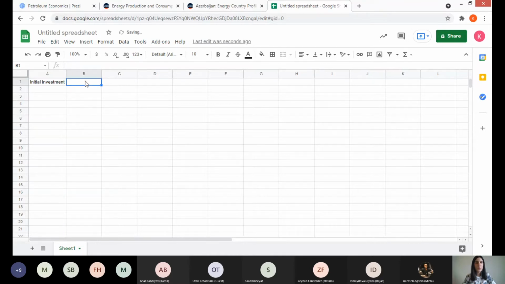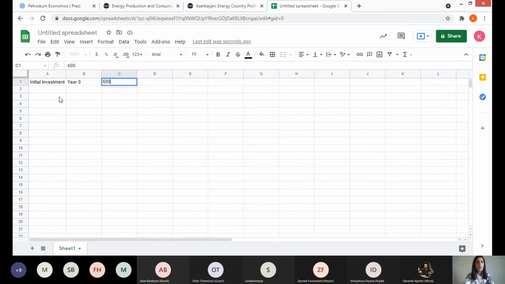It takes year 0 because you just started. It's not future, it's now. And this is minus, we can write minus or just plus, doesn't matter. But it matters when we calculate NPV. So let's write 600 positive. You spent this money, this is your initial investment.